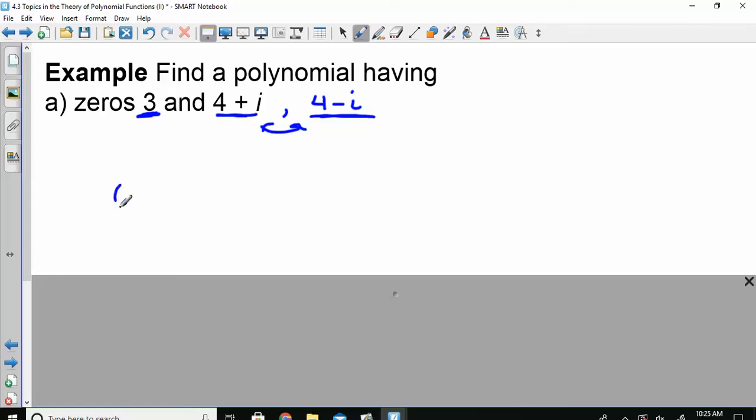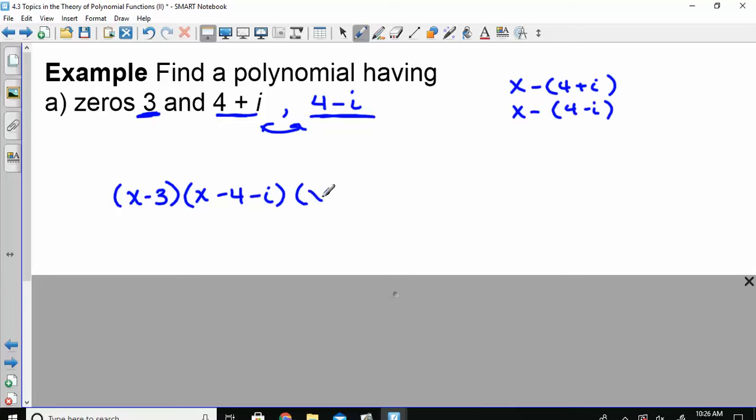So when we write the polynomial, it's x minus each of these things. So first would be x minus 3. Second term, if you do x minus 4 plus i, that gives us x minus 4 minus i. And we have to do x minus the 4 minus i, so x minus 4 plus i.